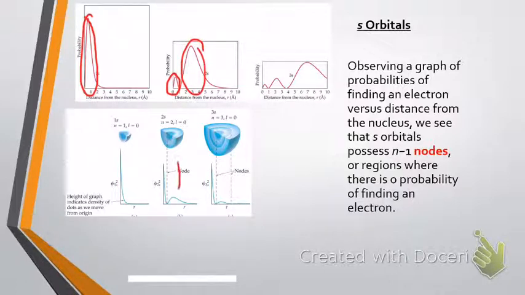That's why, to me, it always looks like a jawbreaker or gobstopper. With 3s, we're going to have 3 possibilities. But if you notice, in each of these, there's a region called a node where there's no possibility of finding an electron, because it goes to 0. That one right there goes to 0.